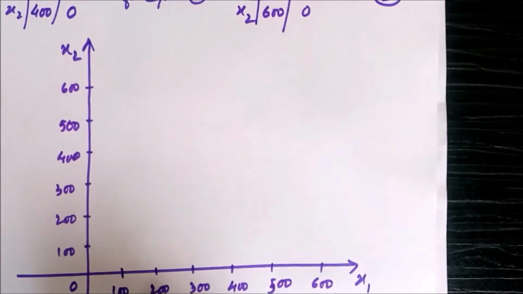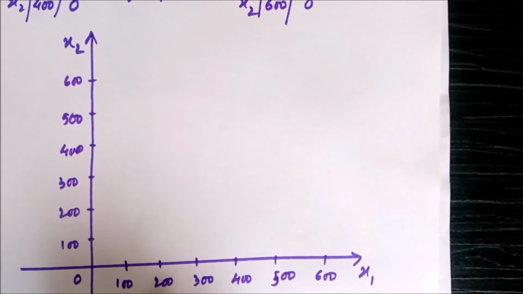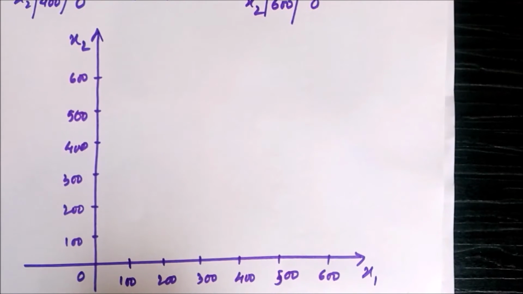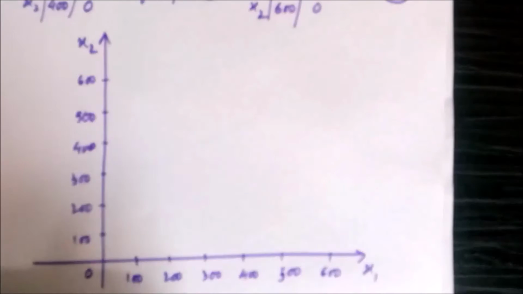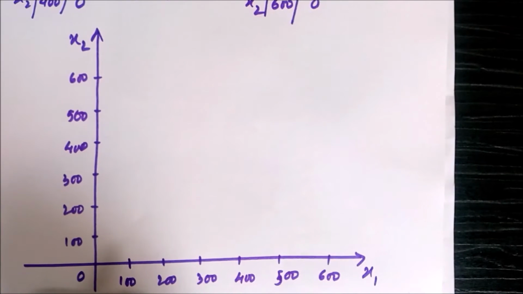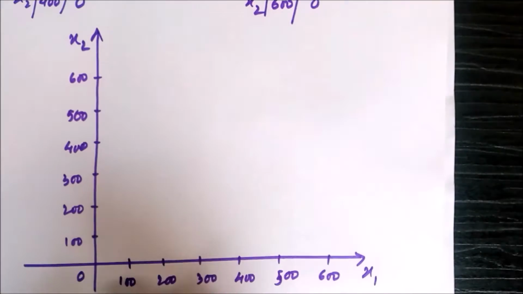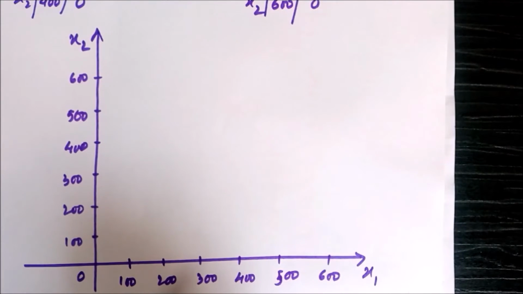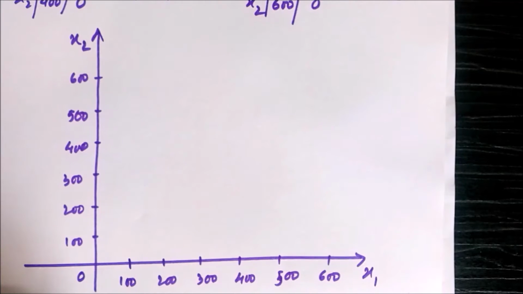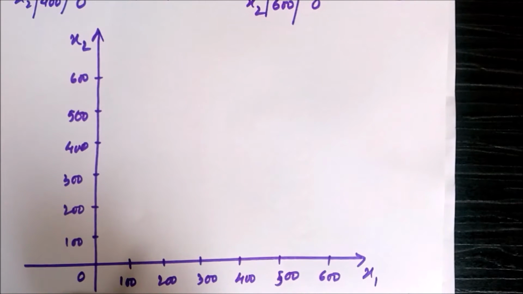To help you understand and to take less time, I draw it on a rough basis. Please do not use a rough scale in your examination. Whenever you are in an examination, please use a ruler.